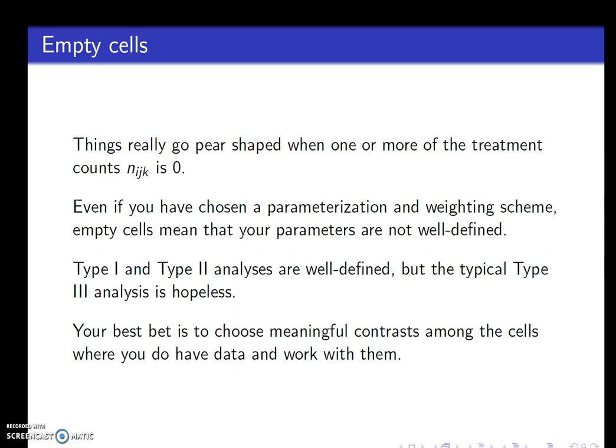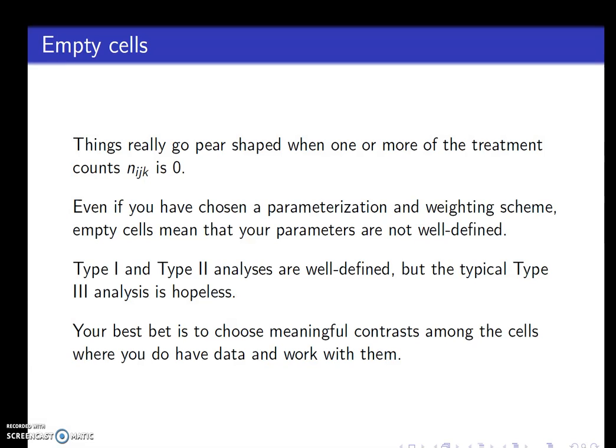Things really get crazy and difficult when one or more of the treatment counts is 0, and this is particularly chosen in that in-class example that we do on the gender and education pay rate example.